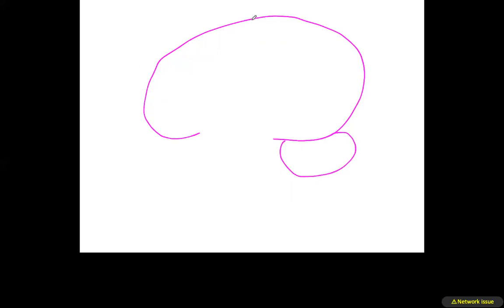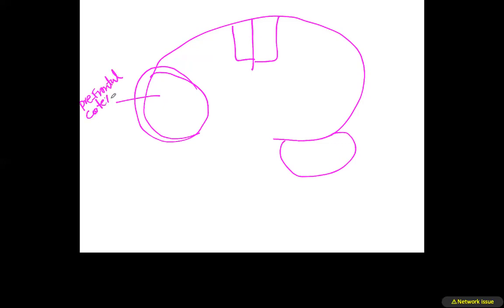So if this was your central sulcus, here was the precentral, here is your postcentral, this area of the brain, right in front of the brain, is called the, as in before, prefrontal area or cortex.